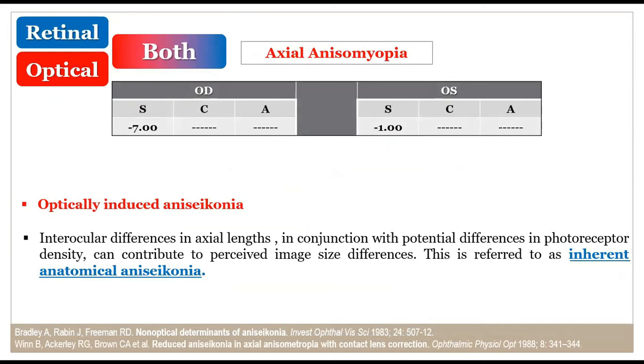And with stretching of the photoreceptors due to elongation of the eyeball in the right eye, you might expect that there is some kind of retinal anatomical aniseikonia, and sometimes we call it inherent. So this is an example of both mechanisms that might cause aniseikonia, retinal and optical.